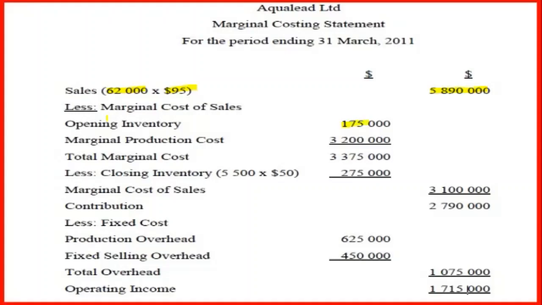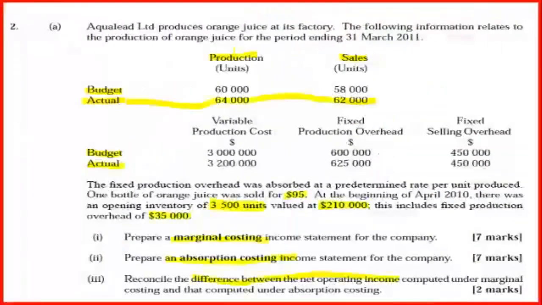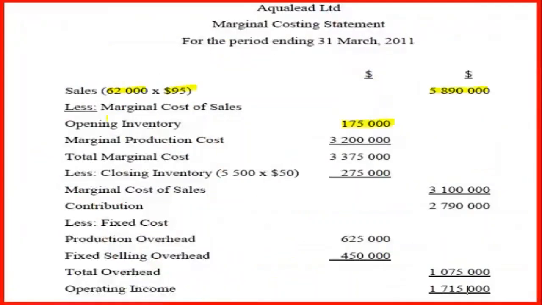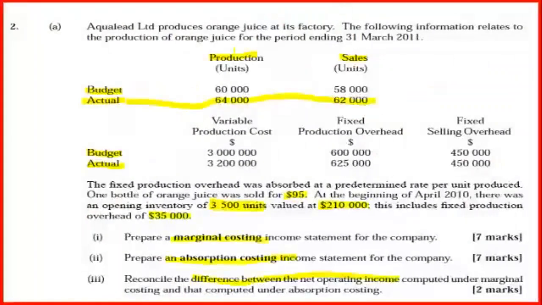How do we get this figure? We take the 210 and we minus the 35 here, because for marginal costing you do not include the fixed cost in the production costs. Okay, and then we have the variable marginal production costs of 3,200. That is from here.